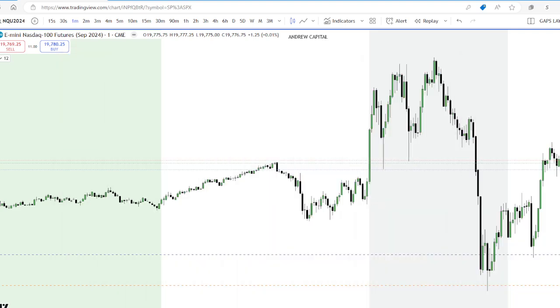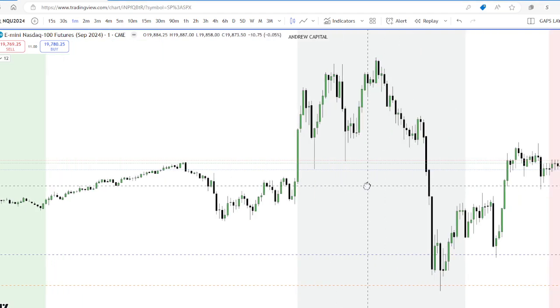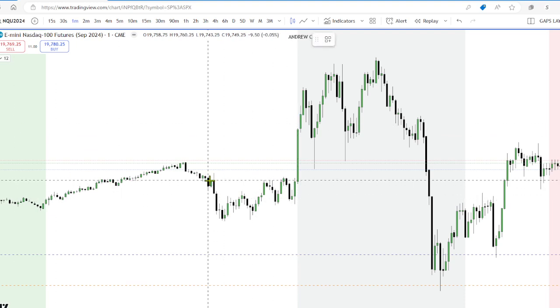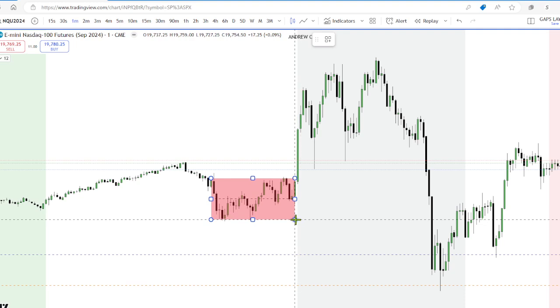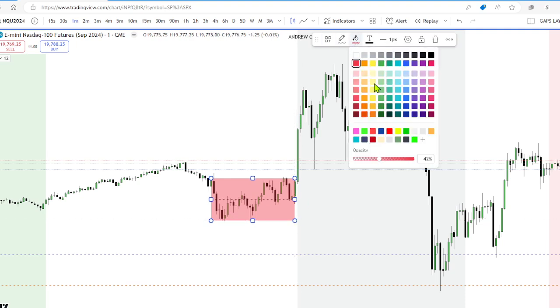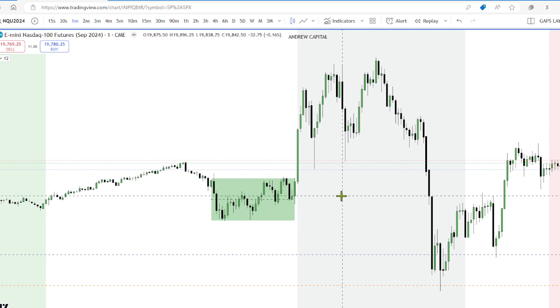Now, if we look at this, we can see here we have an area of small consolidation here. So we'll make that our original consolidation.